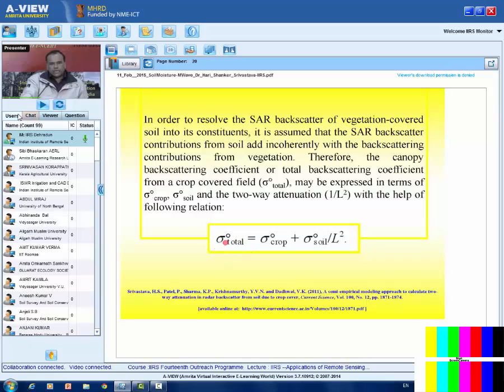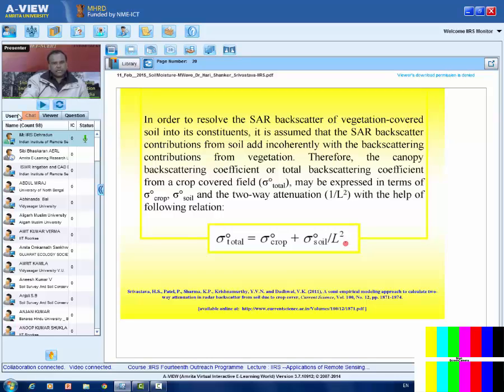Now consider an example. Suppose I am acquiring an image over an agricultural area. If the area is covered with crop and I am getting the coefficient as sigma naught total, what does it mean? This sigma naught total is basically the backscattering coming from the crop plus the backscattering coming from the soil times L square.